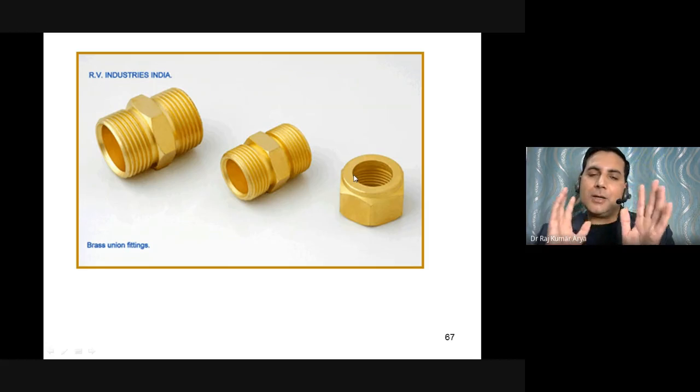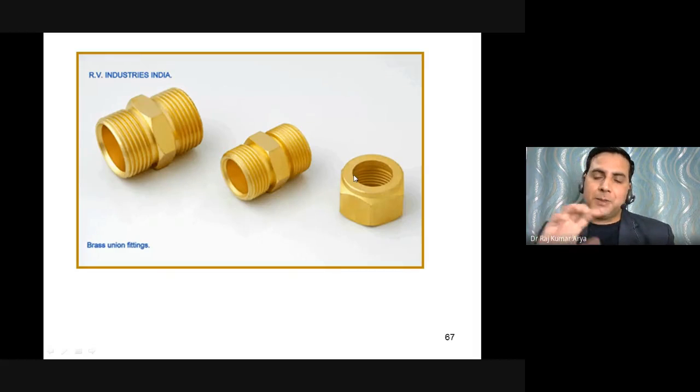So one end is just tightened, and the other end is connected by the thread. If you want to open it, you just loosen this, so this will go back into the back pipe, and the front pipe can be disconnected. So this is the benefit of this one.